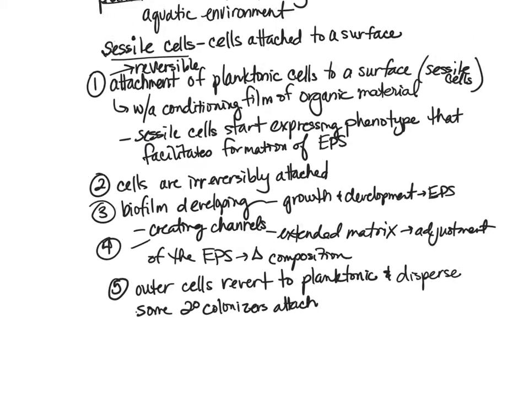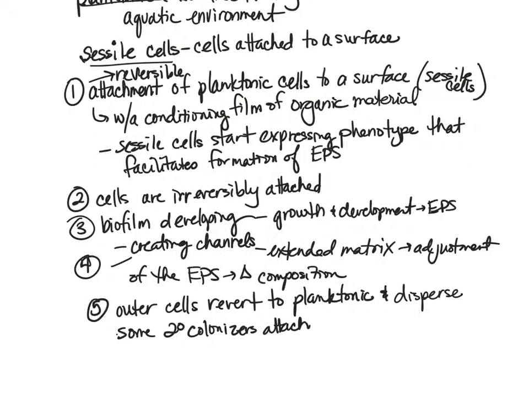So if we take a look at this whole process, it really depends on the type of organisms that we're talking about here. Of course, step 1, just the attachment of these planktonic cells is just going to take place within seconds. So this is just a matter of seconds of attaching these planktonic cells that get stuck, and then they start to create this EPS.